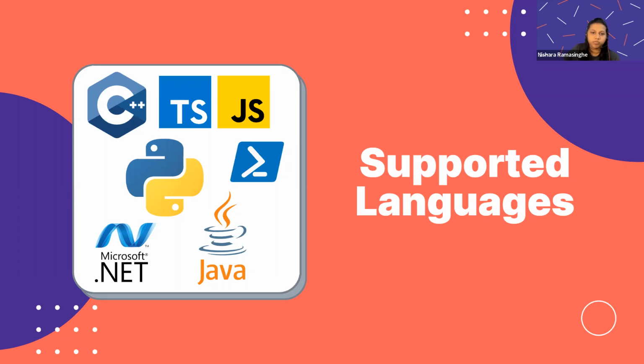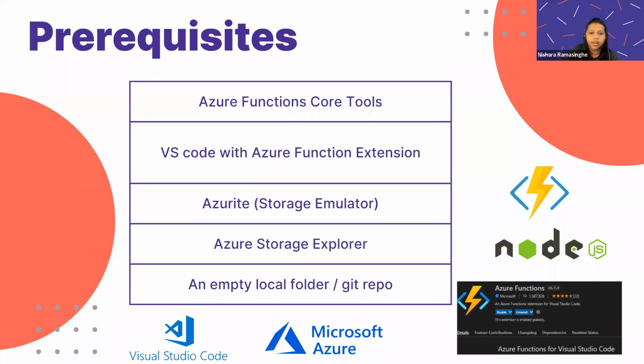To run a durable function, mainly we need to install in our local environment Azure Functions Core Tools, then VS Code with the Azure Functions extension, and normally when we run locally, it's better if we have an Azure storage emulator.